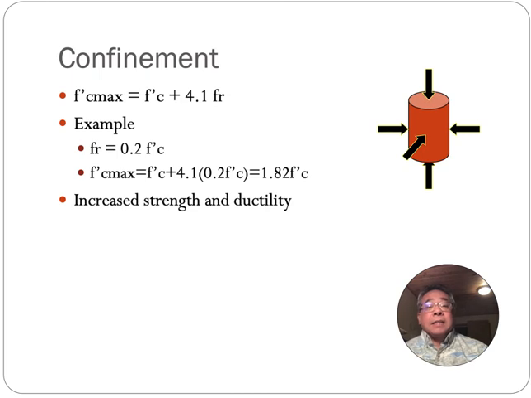An example is that f'c goes up by an additional 4 times the confinement stress. For example, if you confine the concrete at 20% of the f'c, you double the compressive strength.